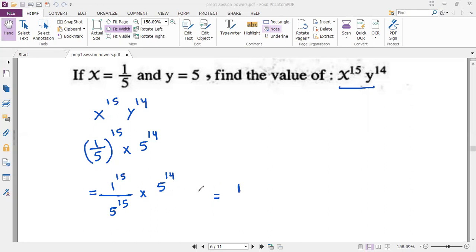And 1 times 5 to the power of 14 is 5 to the power of 14. Write it over 5 to the power of 15. 1 is the multiplicative identity. So the answer is 5 to the power of 14 over 5 to the power of 15.